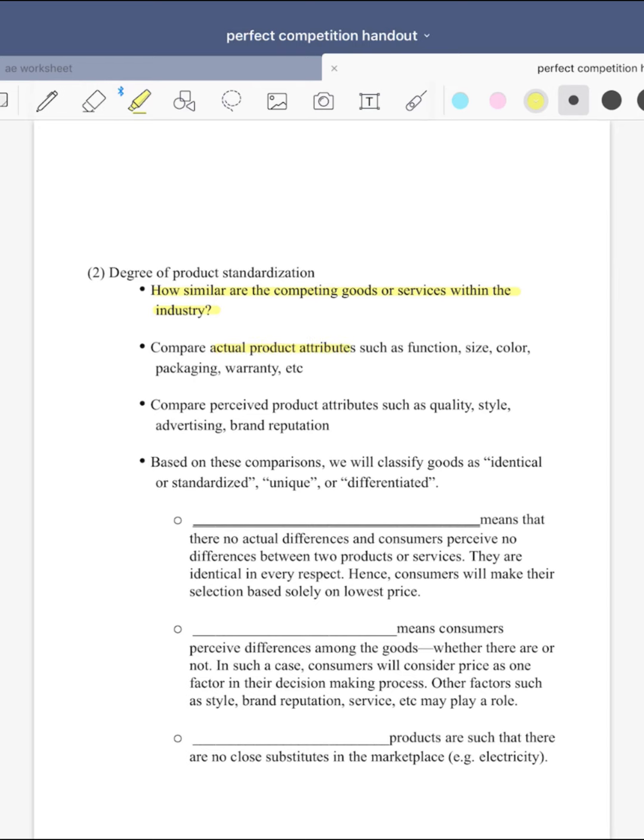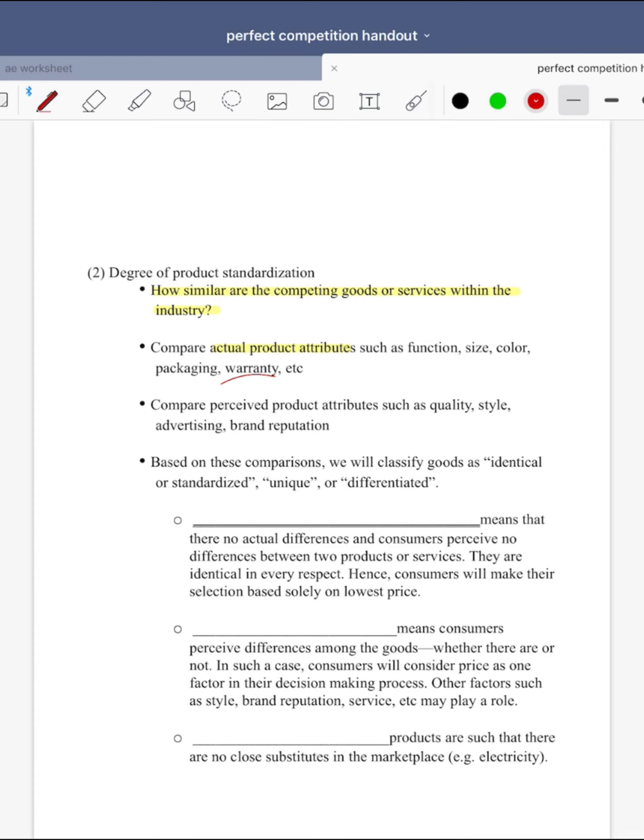How similar they are is based on actual product attributes, such as the function, size, color, packaging, and warranty. Whenever I'm describing actual product attributes, I think of a car. If we're looking at a Toyota Camry, it could be a four-door Camry, a red four-door Camry, or a red four-door Camry that comes with an extended warranty.